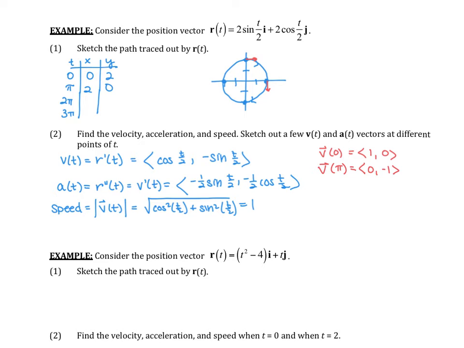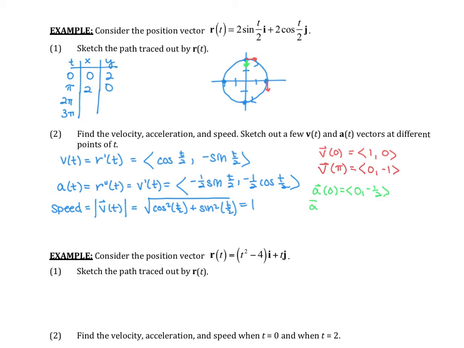Okay, well, what does that look like for acceleration? Let's do acceleration in green. If we do the acceleration vector at 0, plugging that in, we get 0, negative 1/2. So my acceleration is this vector that's 0, negative 1/2 here.